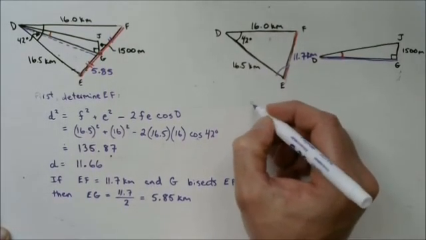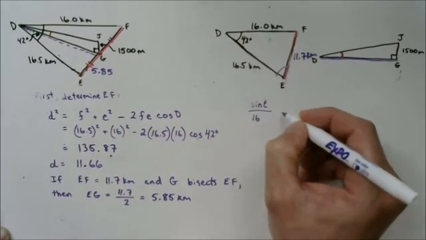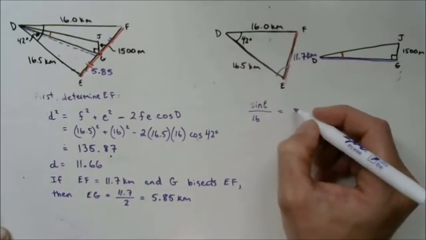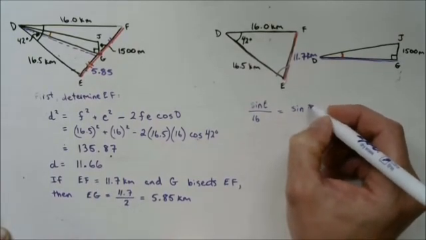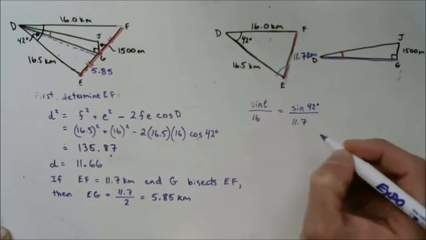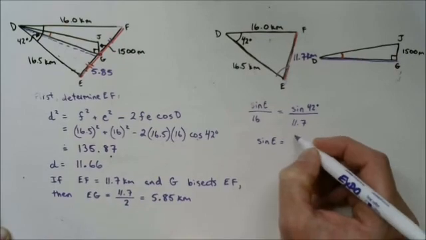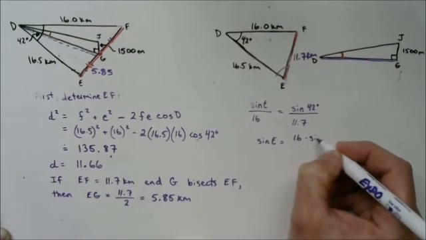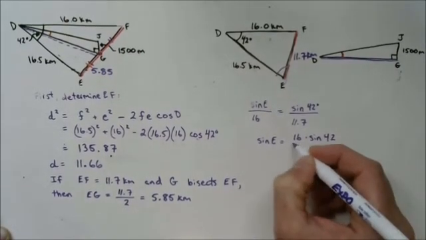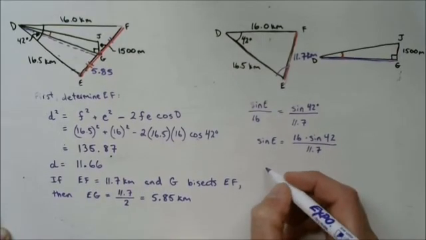So we've got the sine of E over 16 kilometers is equal to the sine of D, which is 42 degrees, over 11.7 kilometers. Multiply both sides by 16. 16 times the sine of 42 all over 11.7.